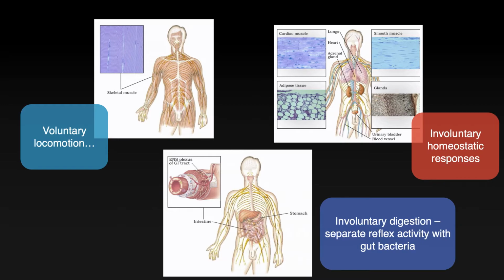But there's a really unique situation in the gut where the involuntary responses in red deal with how my body works to keep my body happy and functioning. The digestive system interfaces with millions of bacteria in your gut. It interfaces with the food that you bring in.